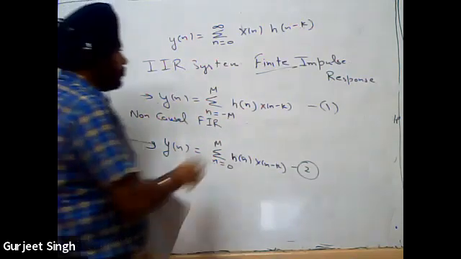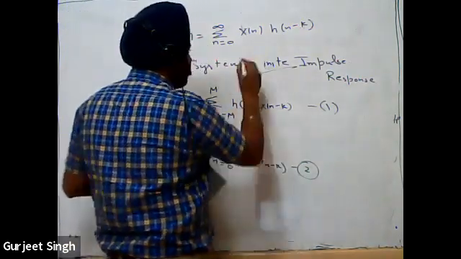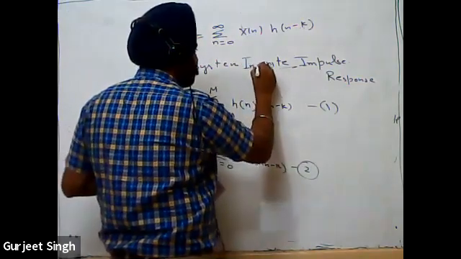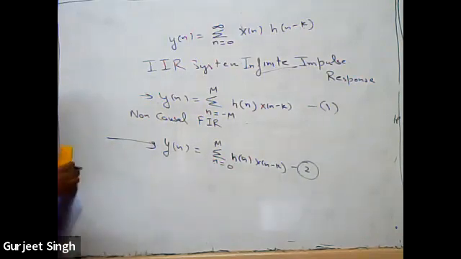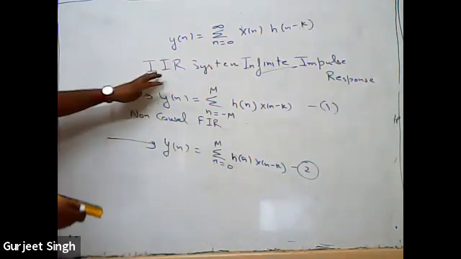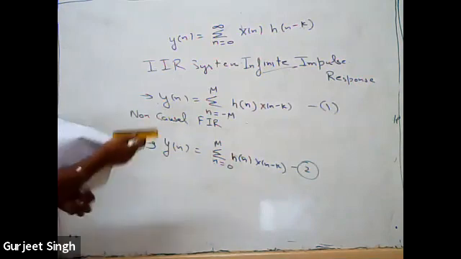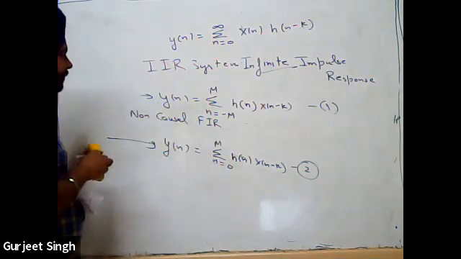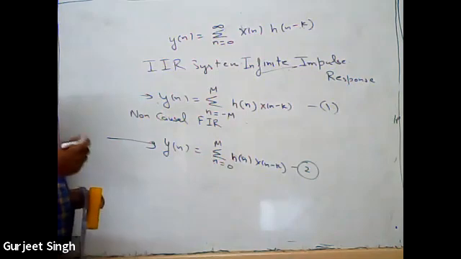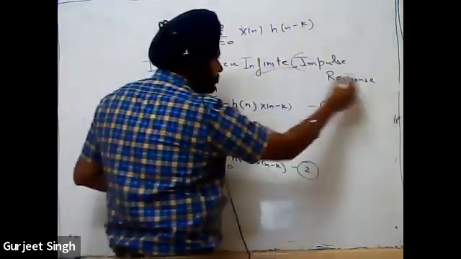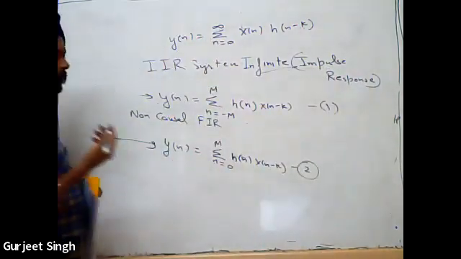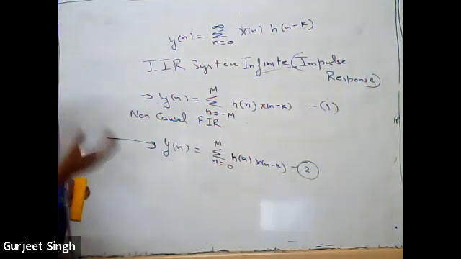So depending upon the length, we have the infinite impulse response system. First I will tell you what the infinite impulse response system is. Infinite means the number of samples of the impulse response h[n] is infinite.